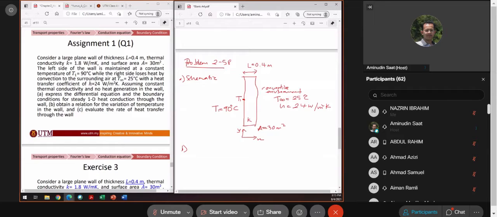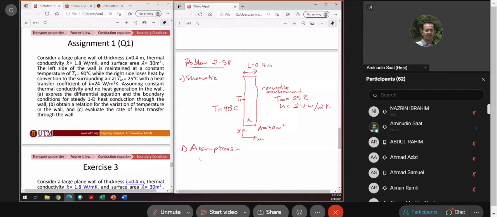Okay, next you should put your assumptions for this problem. So what are the assumptions? First, I think it's quite similar to the previous example.